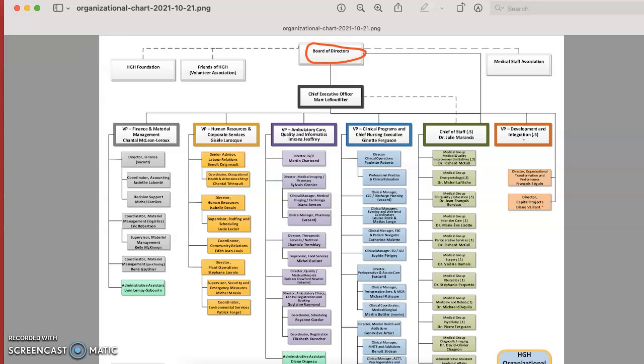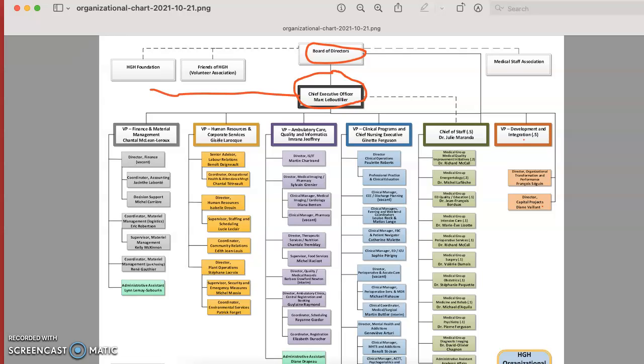So for that organization, the board is in charge of hiring the chief executive officer. So the chief executive officer always reports up to the board. The board has a final say, of course, in the reviews, whether or not his or her contract is renewed, all that kind of stuff. So the CEO reports to the board.